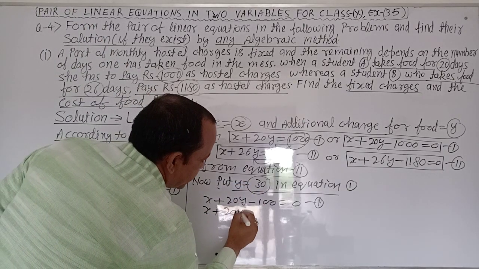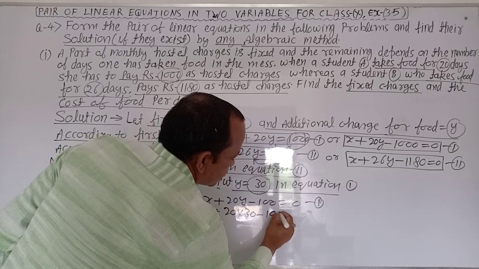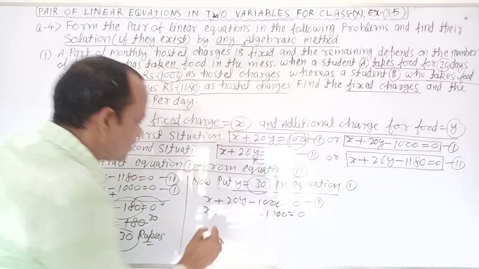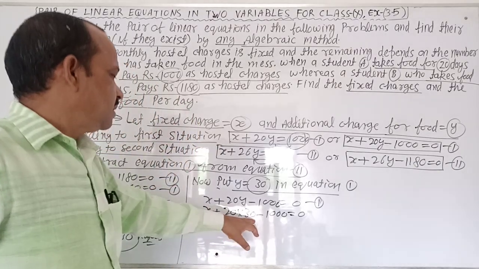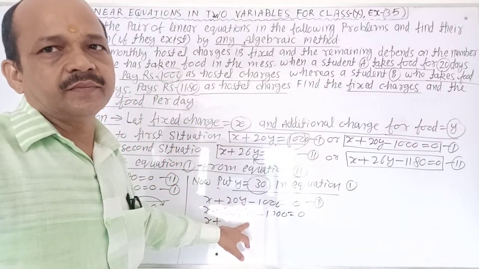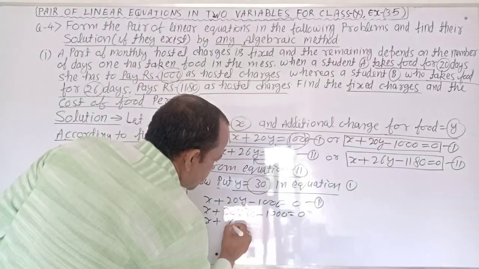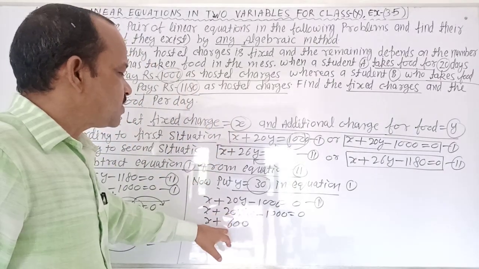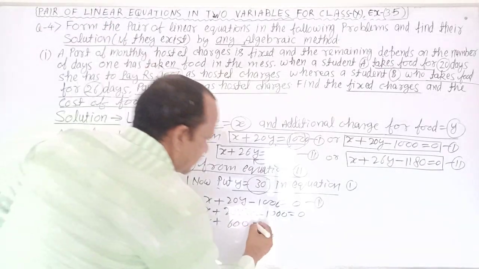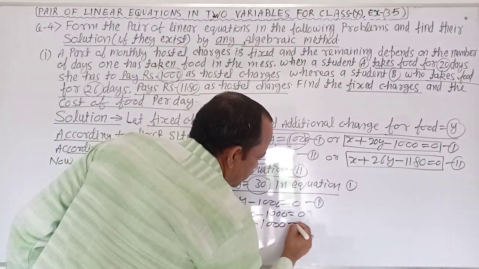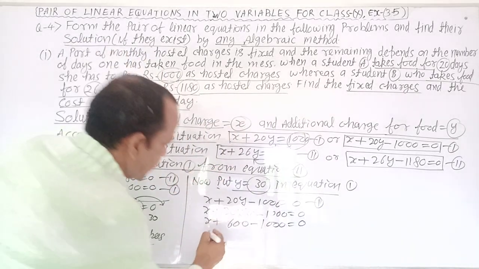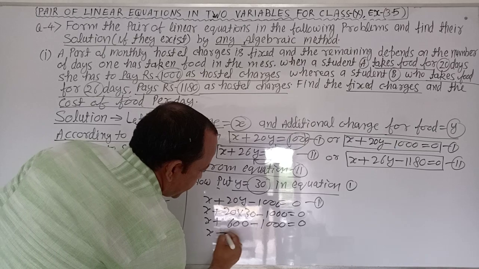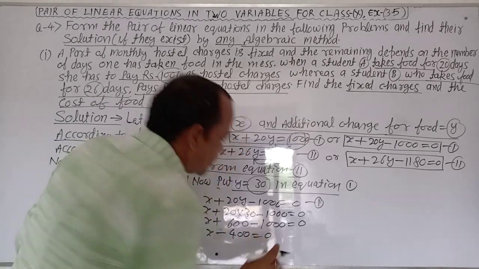X plus 20 multiply 30 minus 1000 equal to 0. Clear? It becomes x plus 20 multiply 30 equal to 600. 3 2 is 6, 620. 600 minus 1000 equal to 0. You subtract it. It becomes x minus 400 equal to 0.